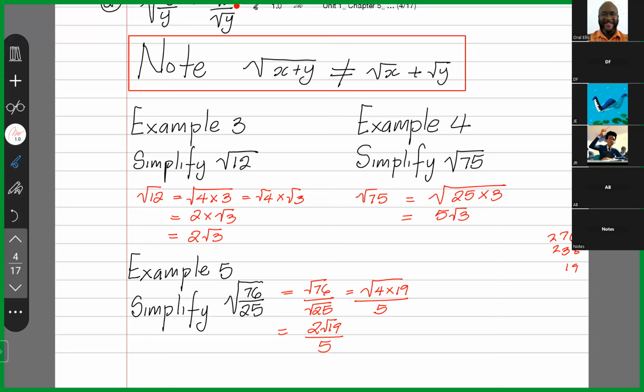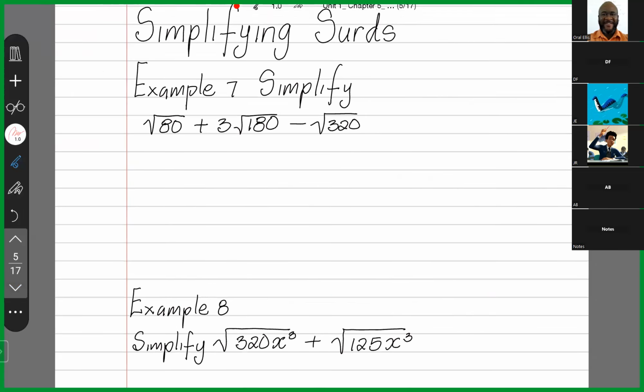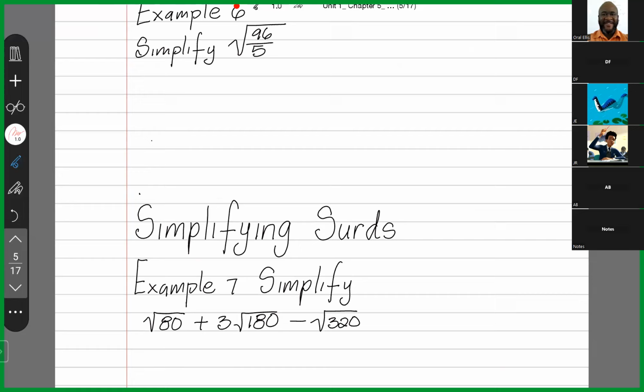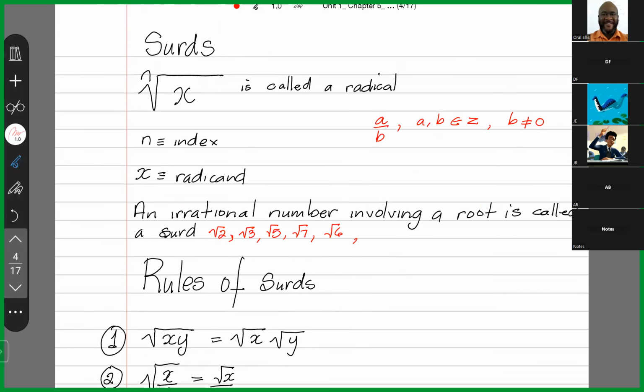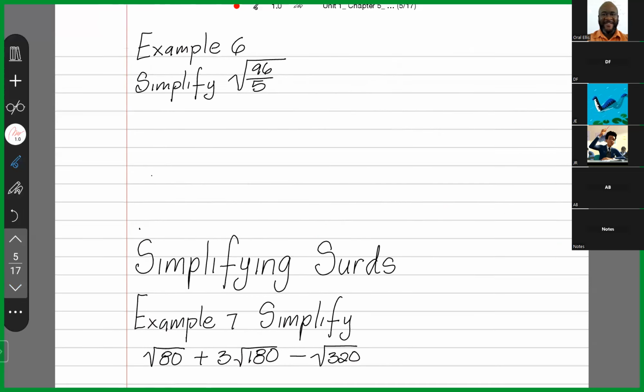Turning the page, let's have a look at example 6. Example 6 is asking us to simplify the root of 96 over 5, which is the same as saying the root of 96 over the root of 5.